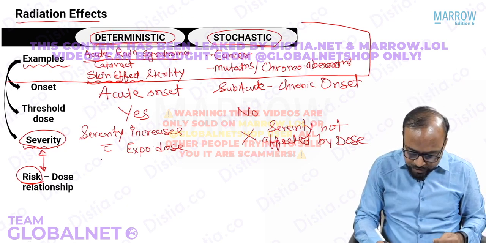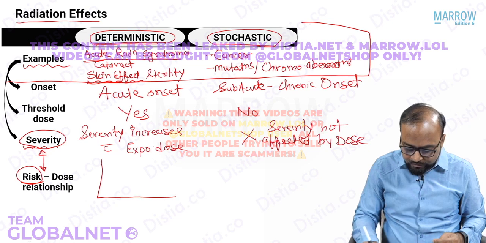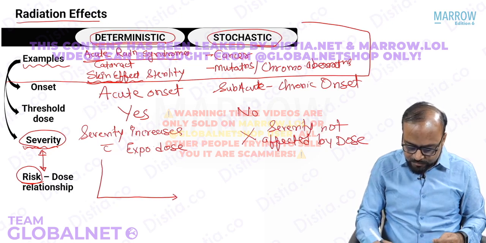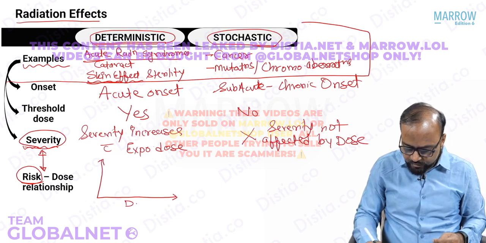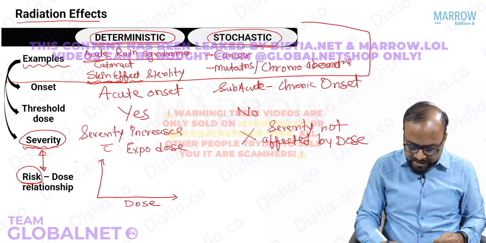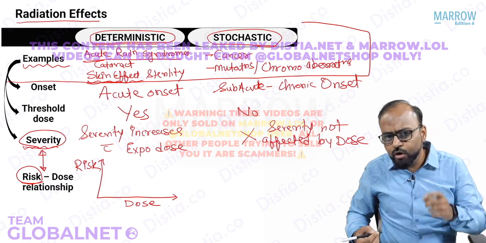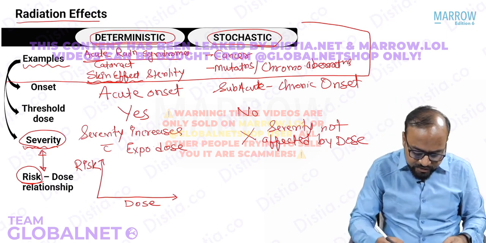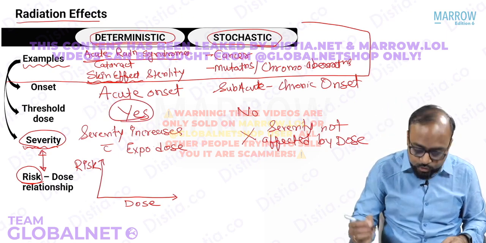And now instead of using words, I'm going to draw a graph. On the x-axis, I have dose. On the y-axis, I have risk of occurrence. We all know that deterministic effects have a threshold dose.